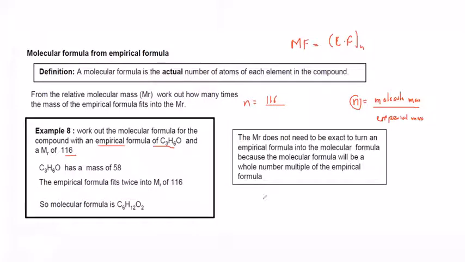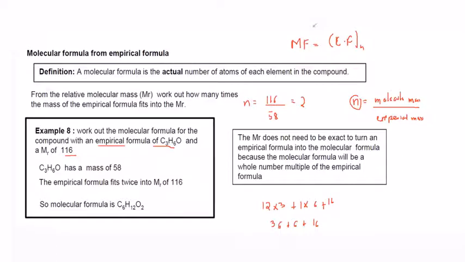To find the empirical mass: carbon is 12 multiplied by 3, plus hydrogen is 1 multiplied by 6, plus oxygen is 16. 12 multiplied by 3 is 36, plus 6 is 42, plus 16 is 58. So the empirical mass is 58. The value of n is 116 divided by 58, which gives 2. So n is equal to 2.